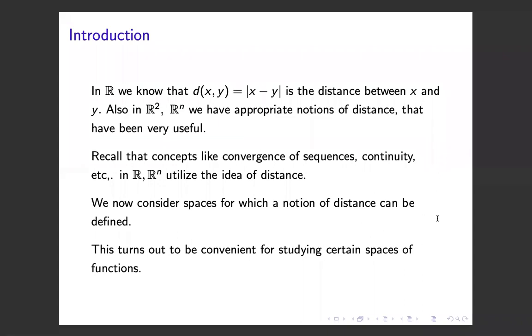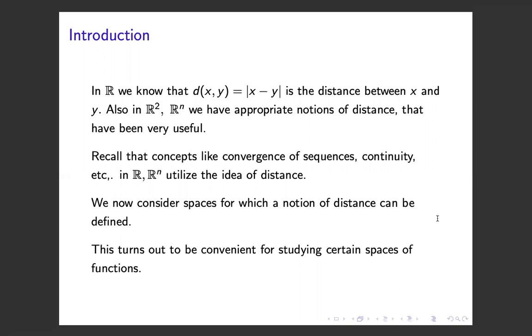So isolating this notion of distance turns out to be useful in many subjects, for example to study certain spaces of functions that you will be seeing in functional analysis and courses like that. My subject is basically probability theory and stochastic processes, and when you want to study certain aspects of the mathematical theory of stochastic processes, this turns out to be very useful. As a matter of fact, these are more or less even necessary.